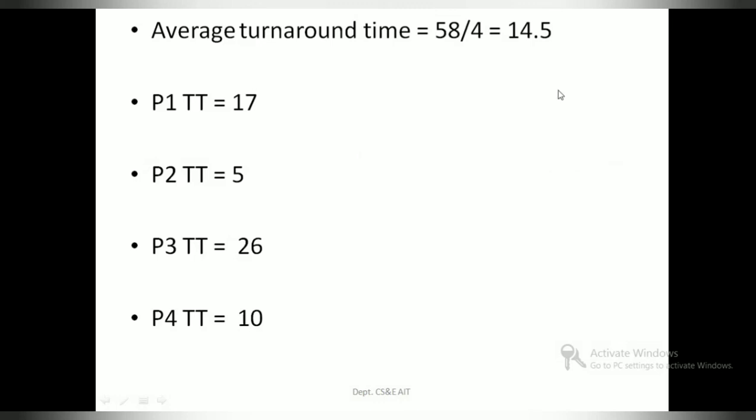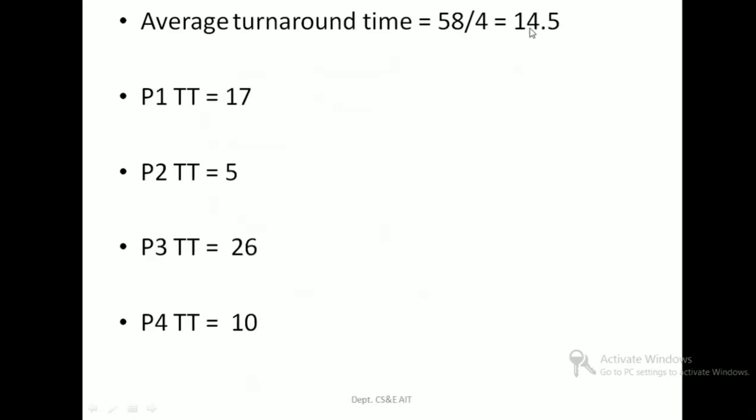You can check the same snapshot with the other scheduling algorithm that we have discussed previously, that is your FCFS. You can see the waiting time is definitely less in your SJF than compared to your FCFS.